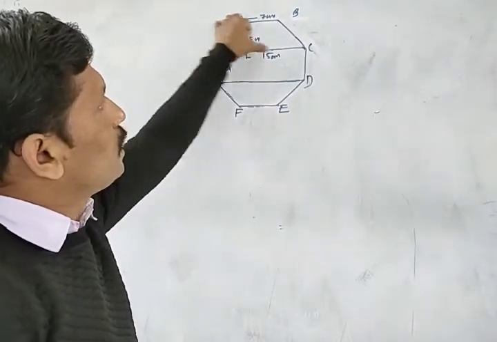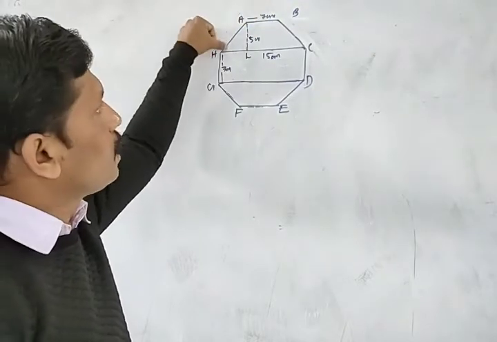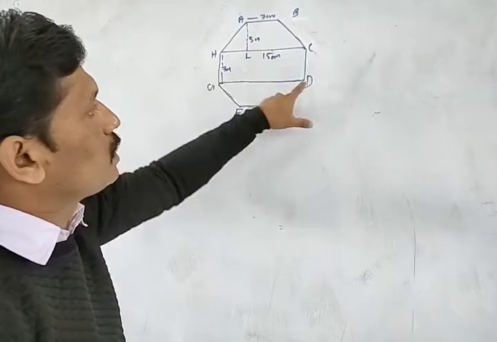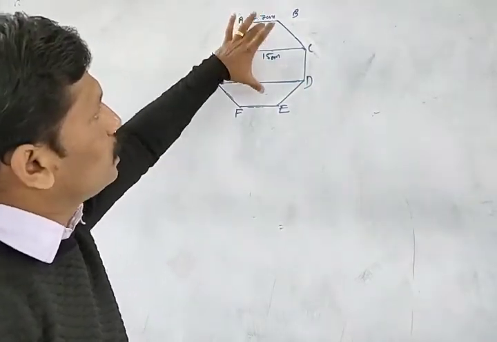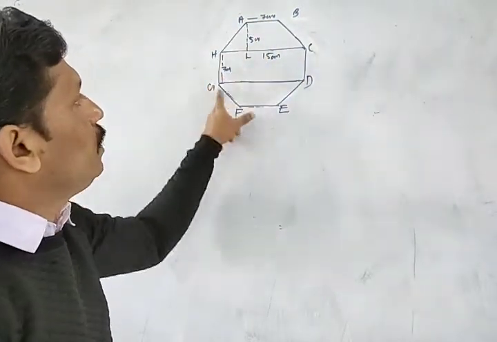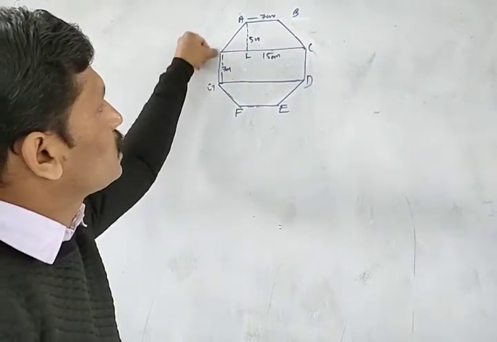In this figure you can see that this is a trapezium, where the base is given and the height is given. Both these trapeziums are the same because their sides are equal. So if we find the area of this trapezium, both these two figures' areas are equal. And in the middle we can see a rectangle. This rectangle's length is 15 centimeter and this side is 7 centimeter.